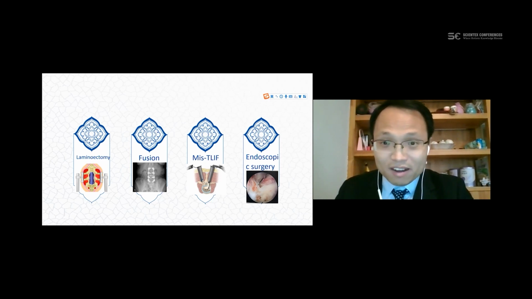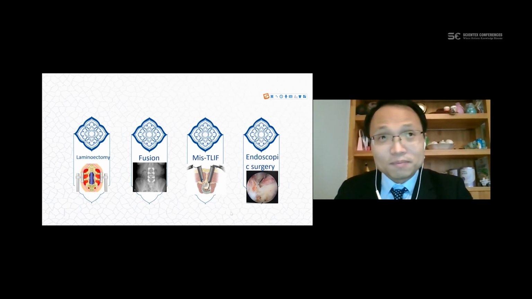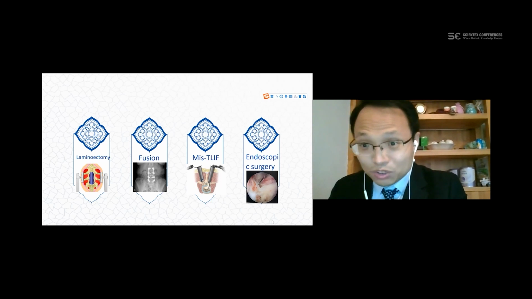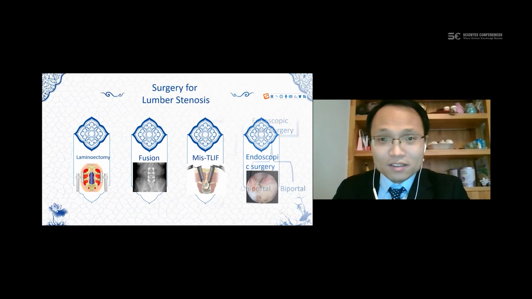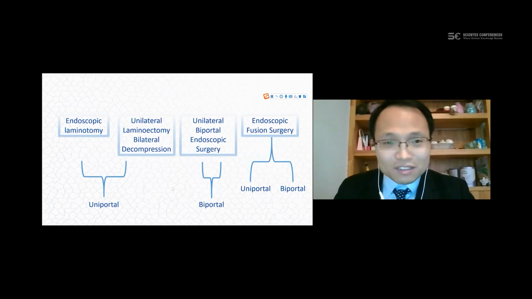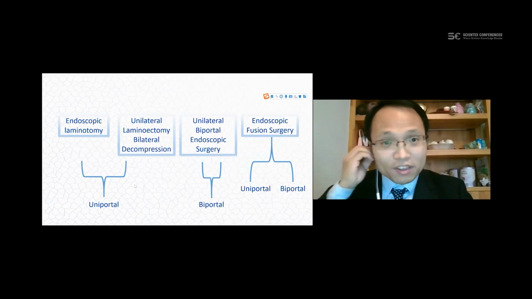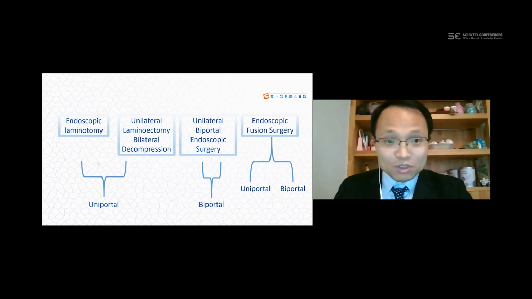It's one kind of tubular surgery with a microscope. And nowadays, we have entered the endoscopic surgery era. According to the surgeries I just presented, there are several corresponding surgeries we can finish the endoscopic way, like endoscopic laminectomy.